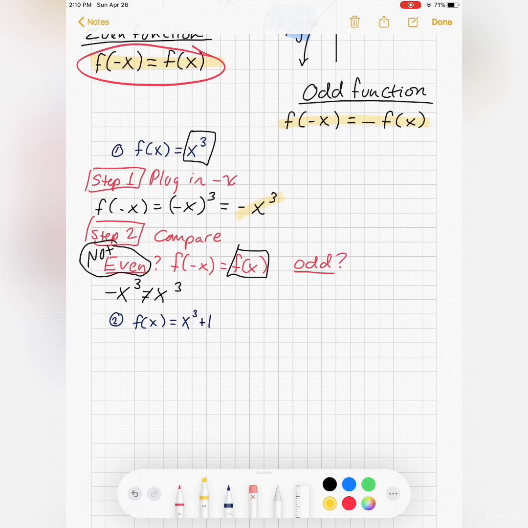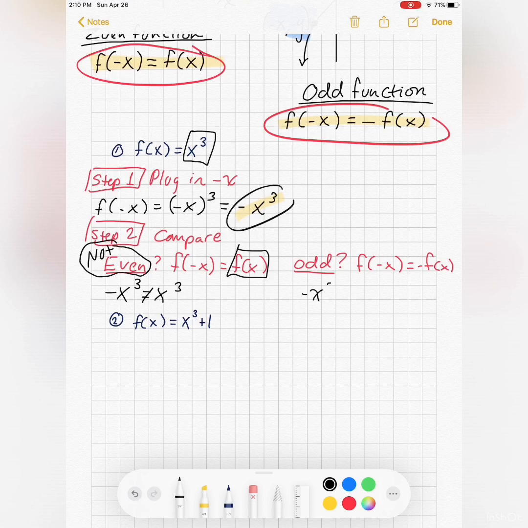For the function to be odd, f of negative x has to be negative f of x. f of negative x was negative x cubed. Now I have to find f of x and make the whole thing negative. Are these two things equal? Yes, they are. So I would conclude, yes, this is an odd function.